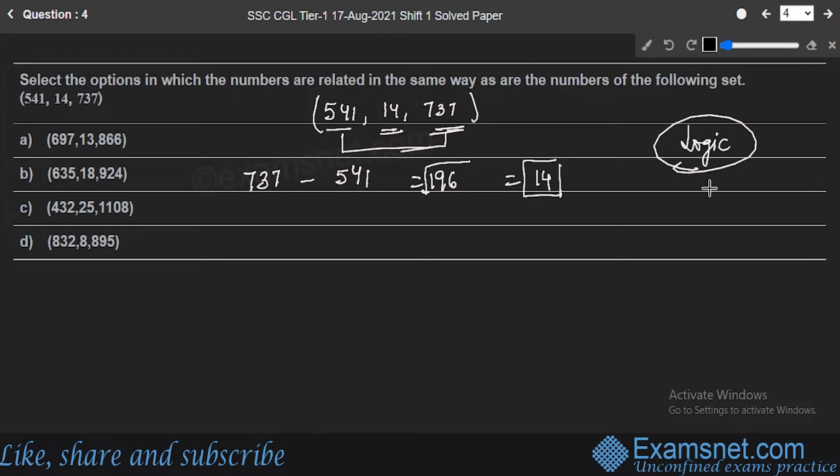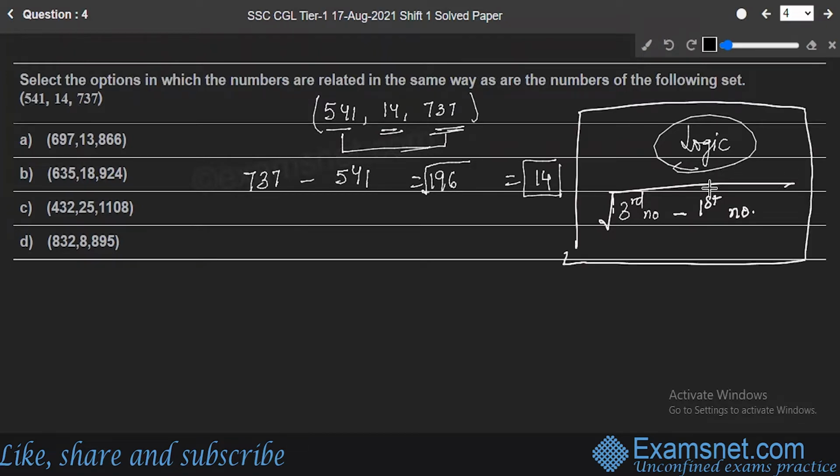The logic in this question is the square root of the third number minus the first number. So stick to this logic, and we will check in which of the options this logic is followed.